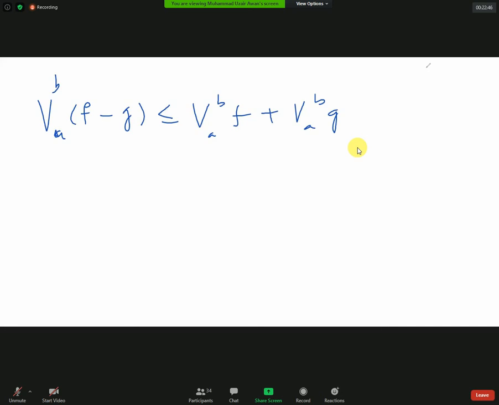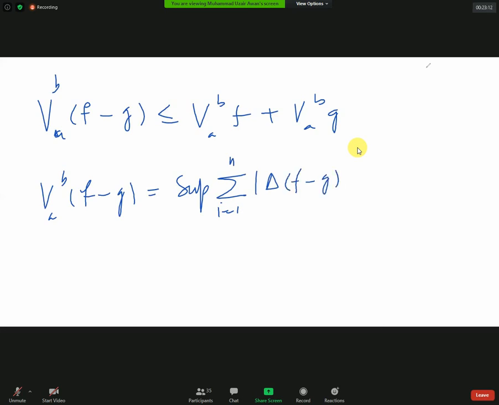हमारे पास देखें, the variation of F minus G is equal to supremum of summation i equal to 1 to n del (F minus G)i.